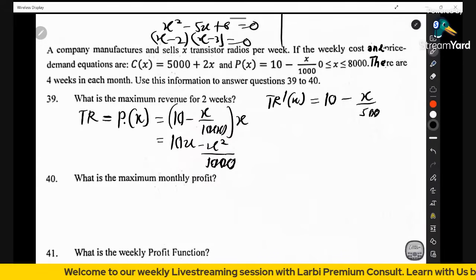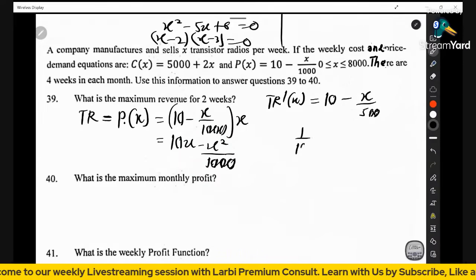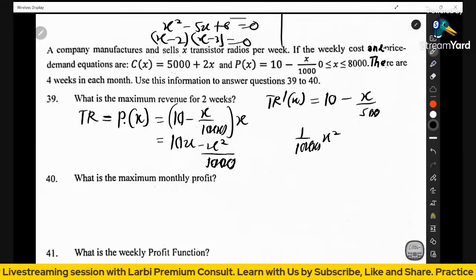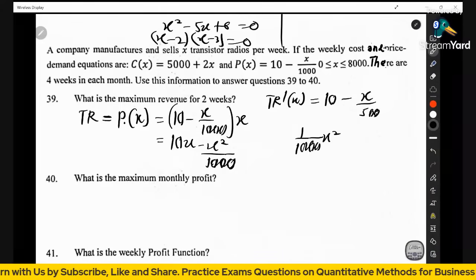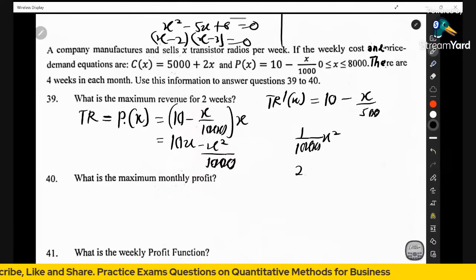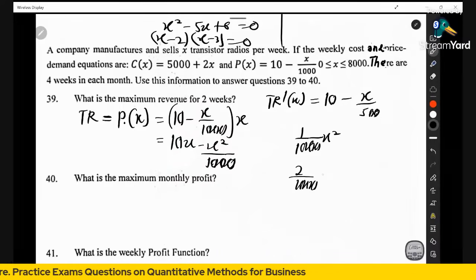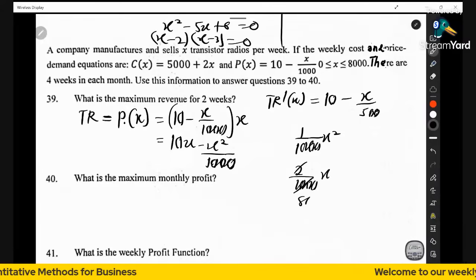How is that possible? I can write this as 1 over 1000 times x squared. The 2 multiplies with the coefficient 1 over 1000, giving 2 over 1000 times x, and 2 over 1000 goes to 1 over 500. That's why we get x over 500.